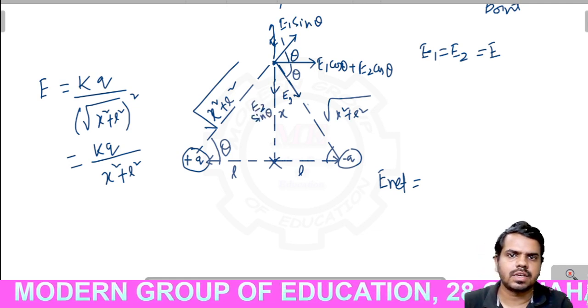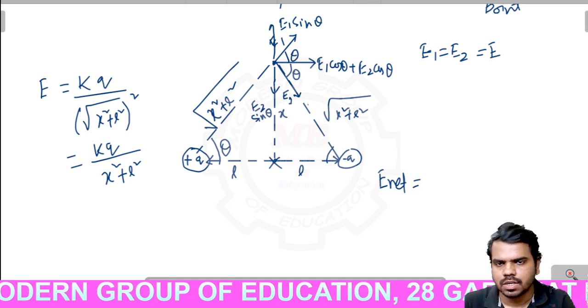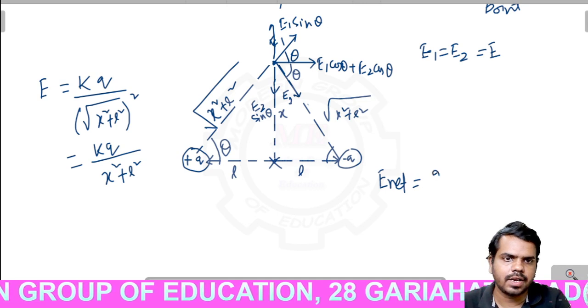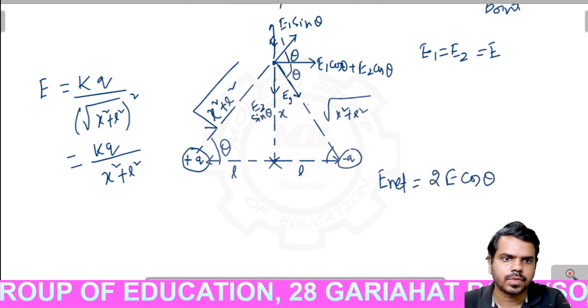E1 sin theta and E2 sin theta get cancelled out because E1 and E2 are equal to E, but 2E cos theta will be added. So 2E cos theta.